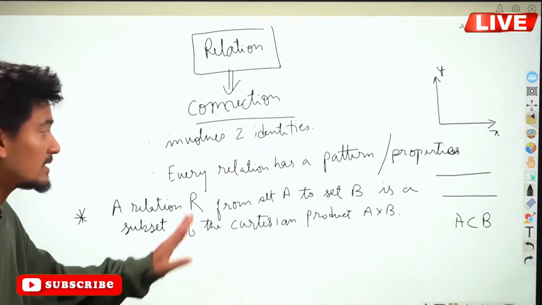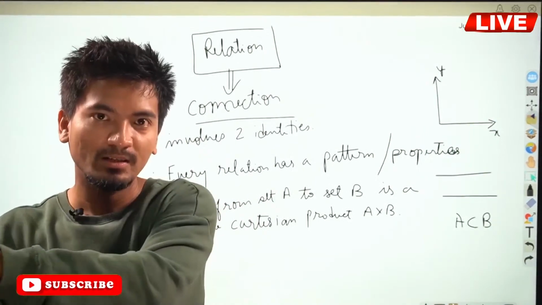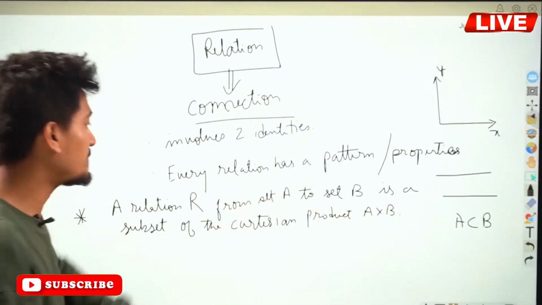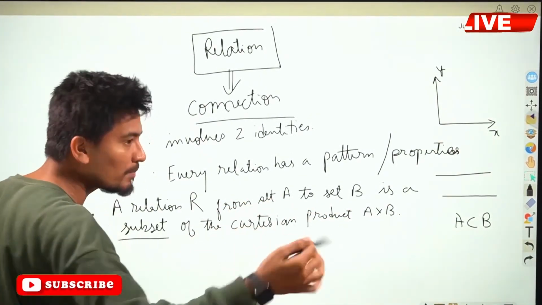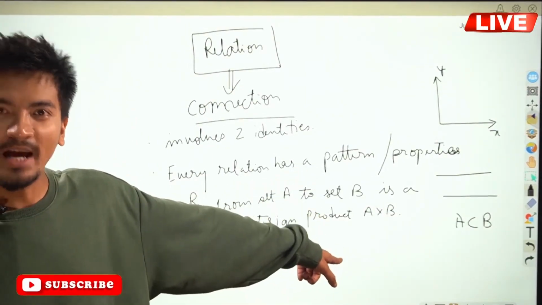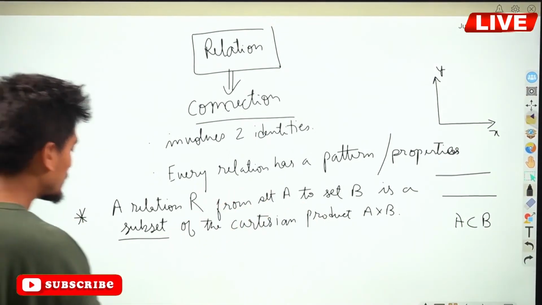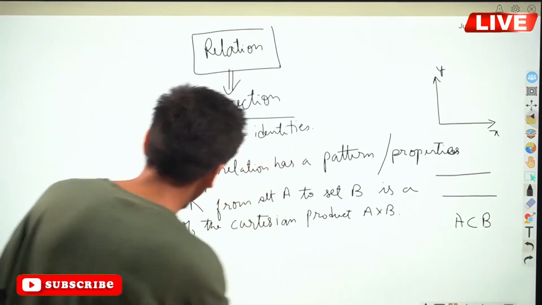That means the relationship from set A to set B is the subset. This is very, very important. Is the subset of whom? Subset of the Cartesian product, right? Subset of the Cartesian product.